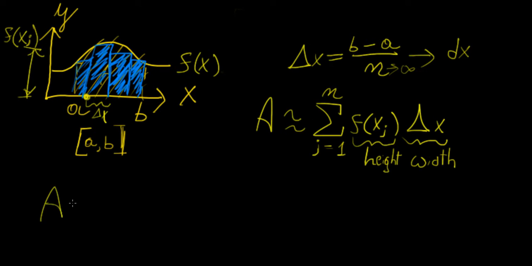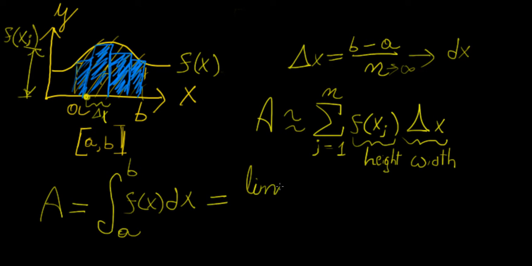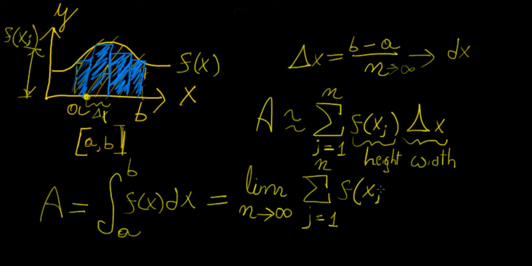This is actually going to be equal to the integral of f of x dx from a to b, and this is equal to the limit as n goes to infinity of the sum, j equals 1 to n, of f(x_j) delta x.